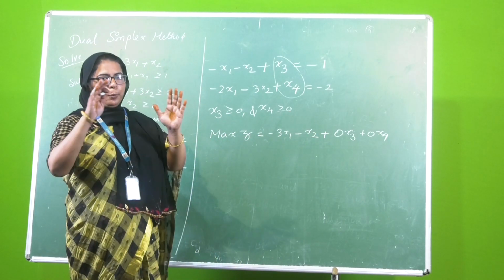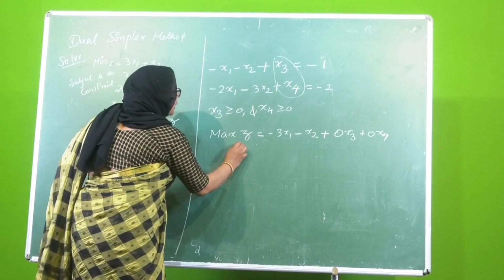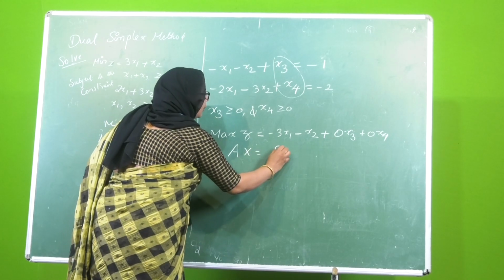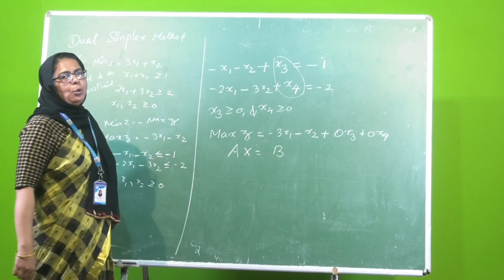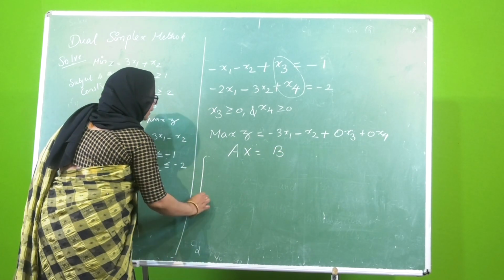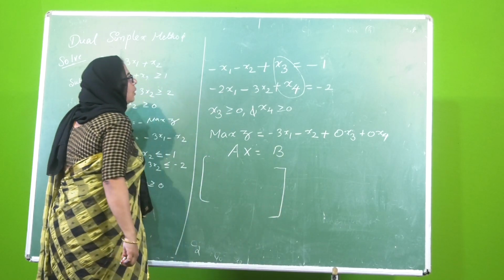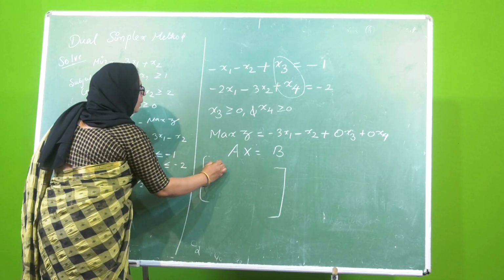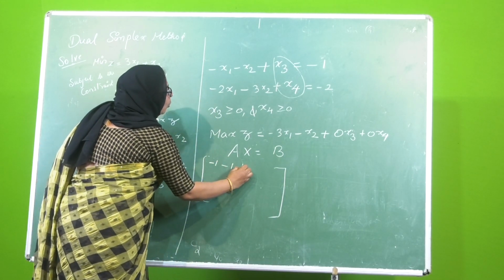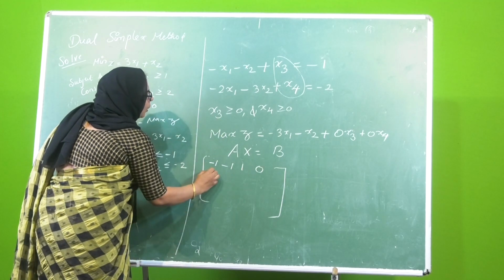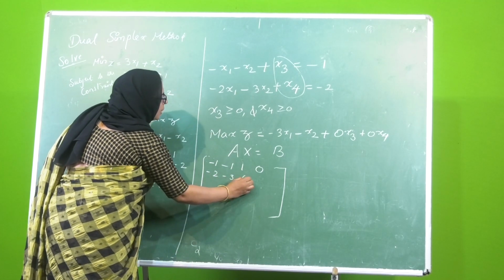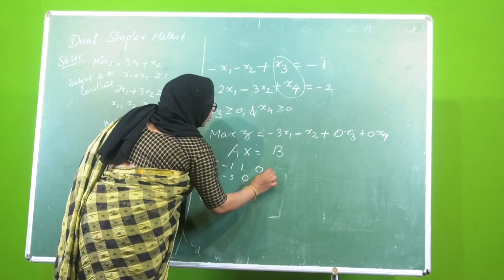So you put it in the matrix form, that is Ax is equal to B. What is A here? Minus 1, minus 1, 1, 0; minus 2, minus 3, 0, 1.